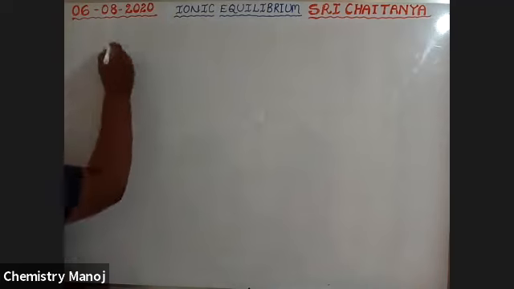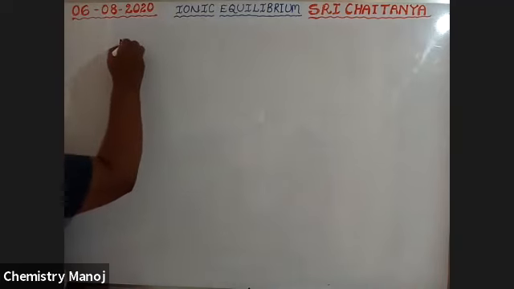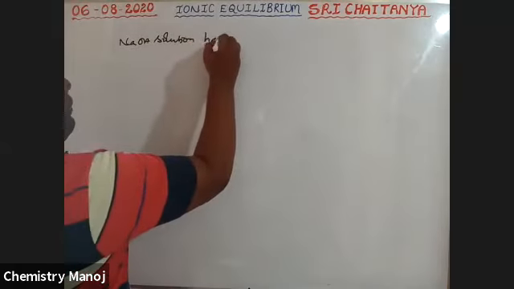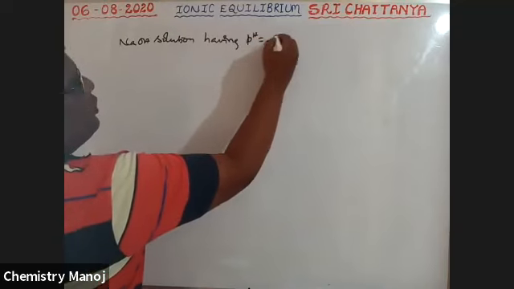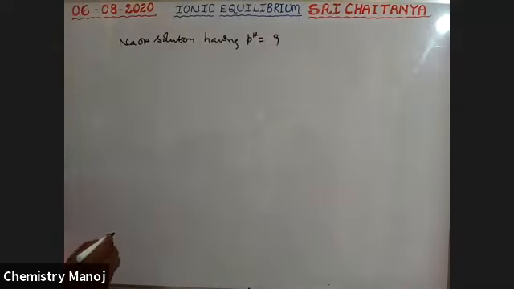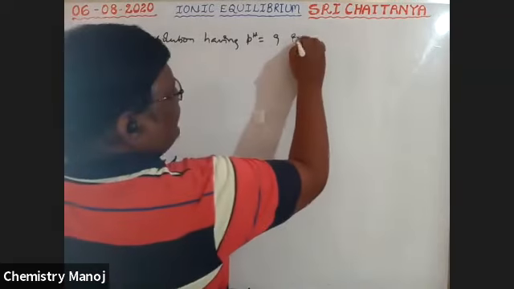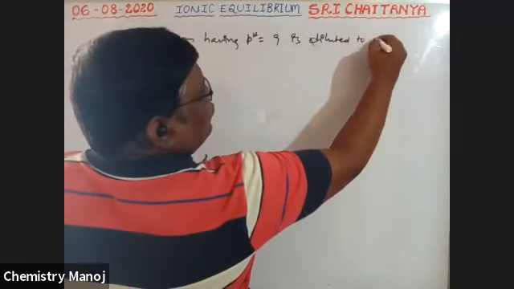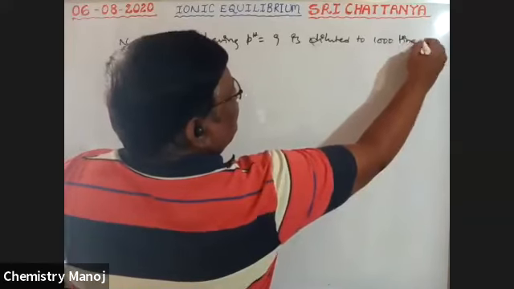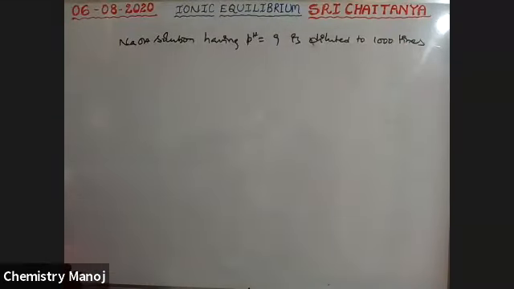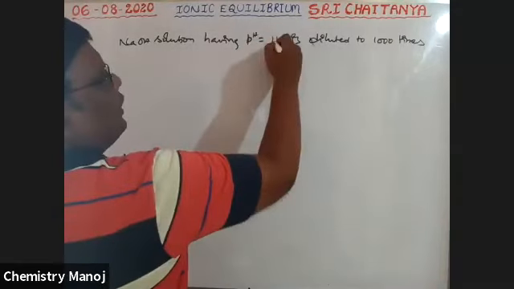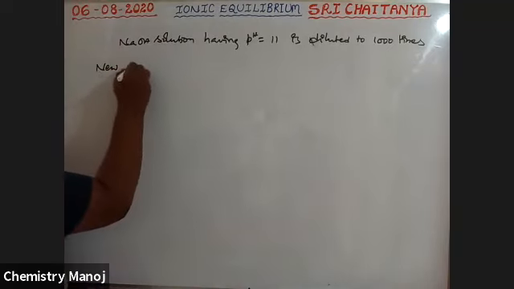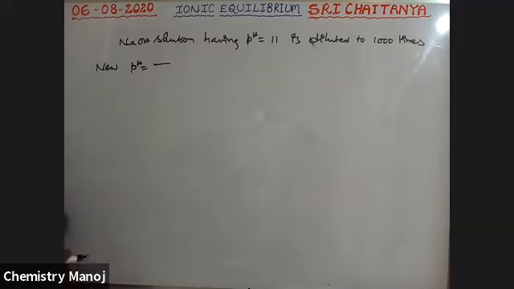See boys, here: an NaOH solution having pH equal to 11 is diluted 1000 times. The new pH is equal to dash.